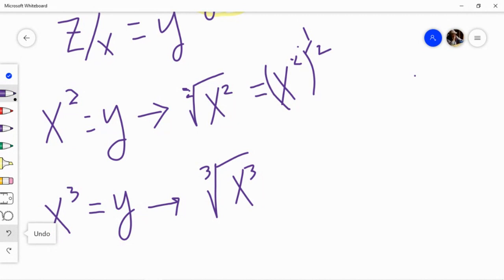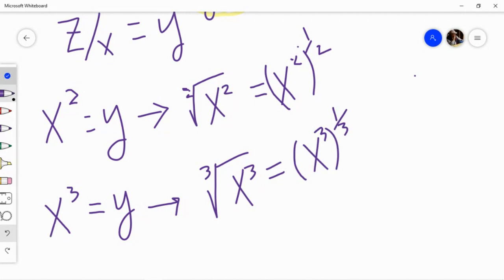Raising x squared to the half power, and it's also the same thing. Taking the third root is the same thing as raising it to the 1/3, right? That means, if it is x to the n, if you want to take the nth root of the number, you'll have to raise it to the 1 over n.